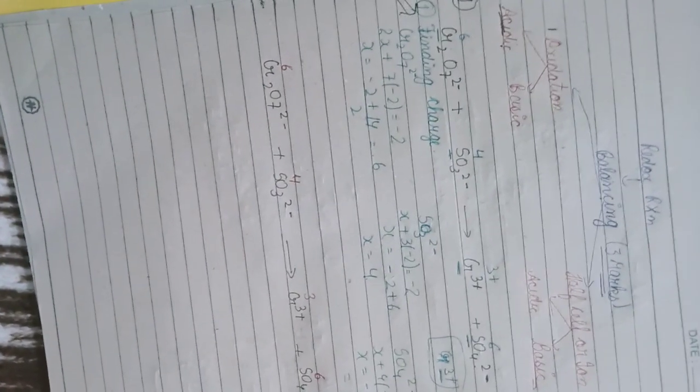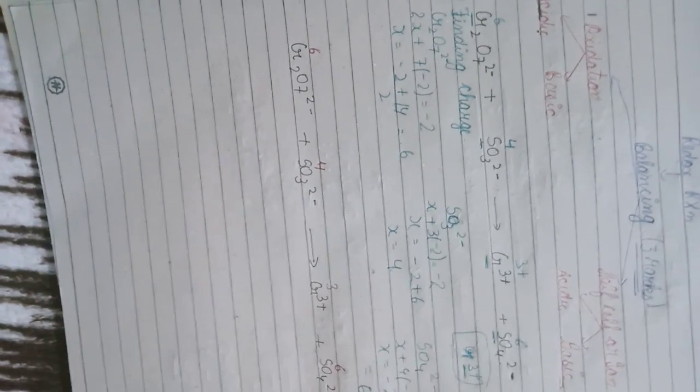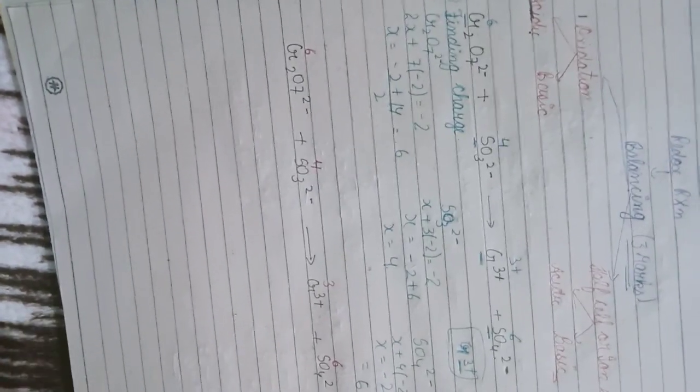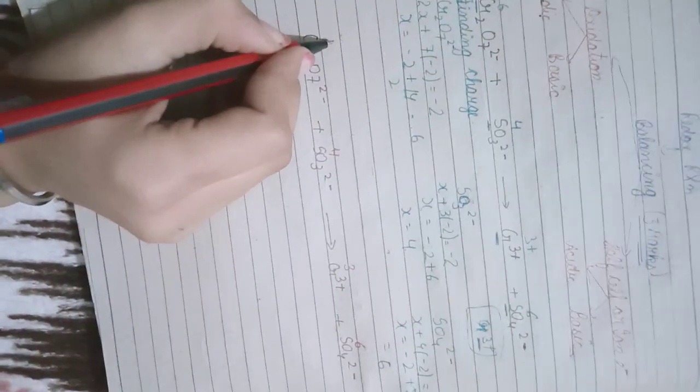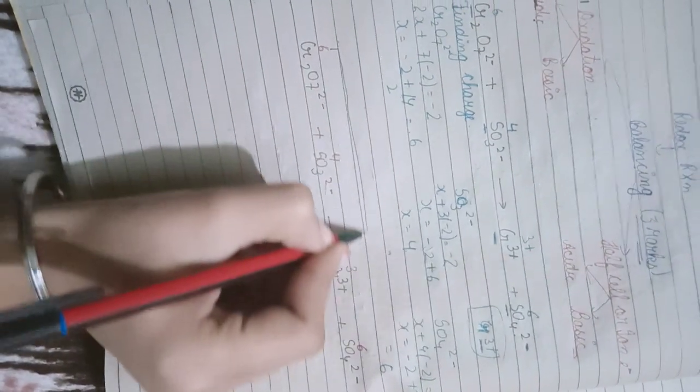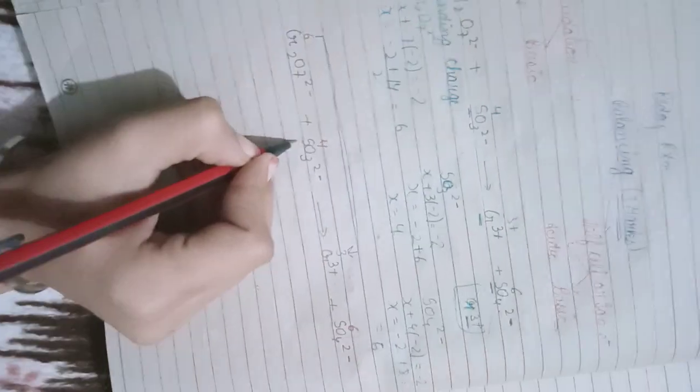ठीक है. Now we have to find its oxidation and reduction and by how much. इसका स्टेप क्या होता है, इसमें लिखना होता है, क्रोमियम है तो ये क्रोमियम है, पहले इधर सल्फर है.